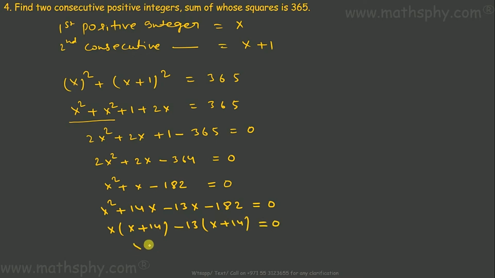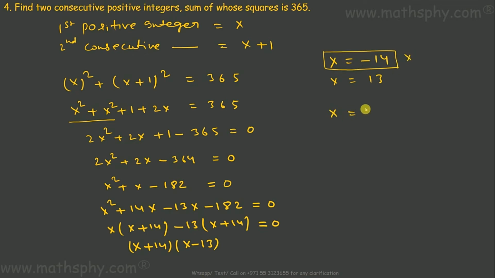X plus 14 as common, x minus 13. So x can be negative 14, x can be 13. It says positive integer, so this is negative, so this is not possible. So x would be 13, the smaller one, and the bigger consecutive number would be 13 plus 1, which is 14. So 13 and 14, that's the answer here.